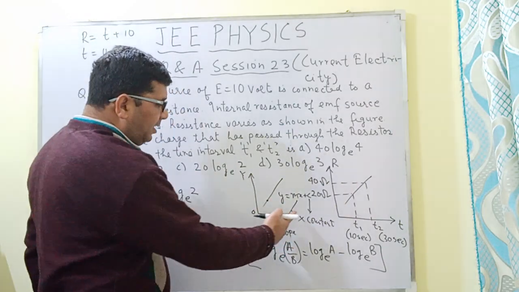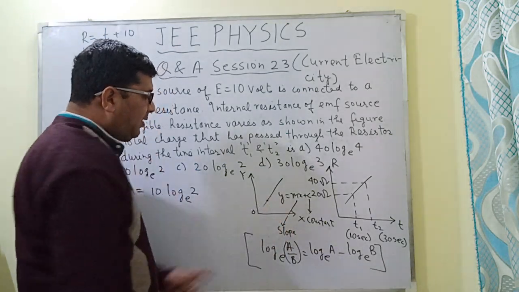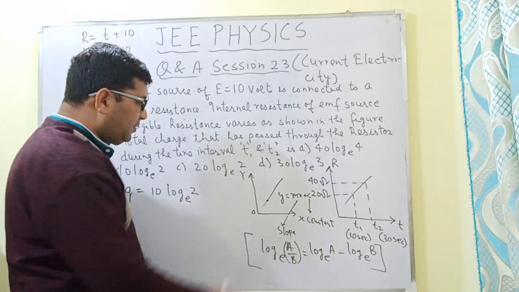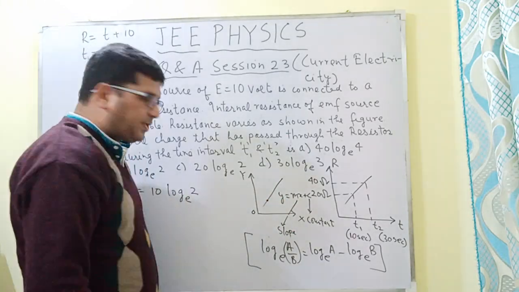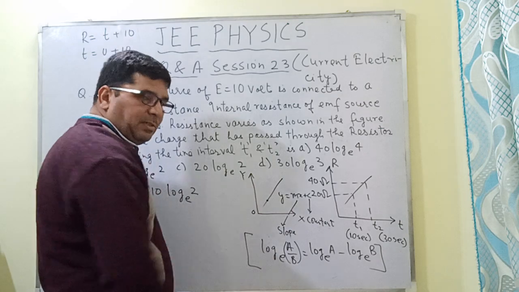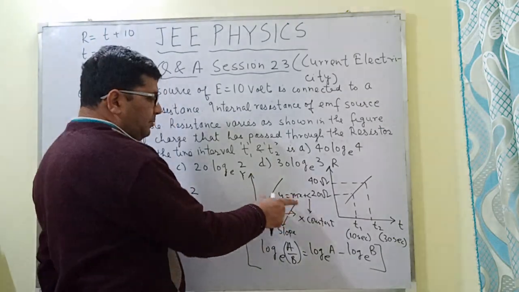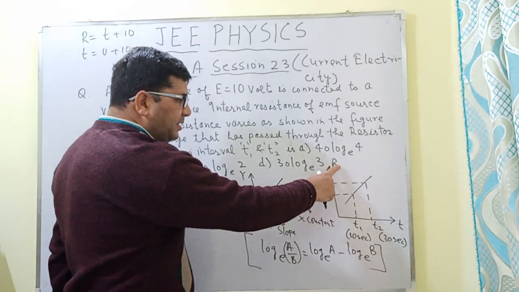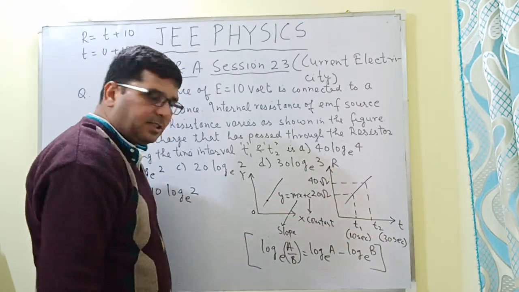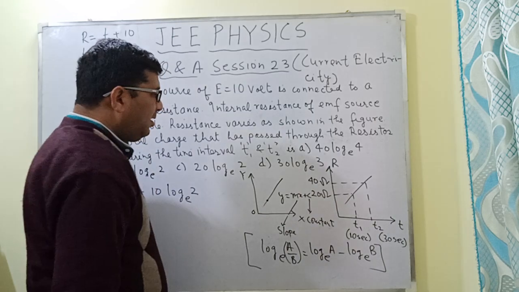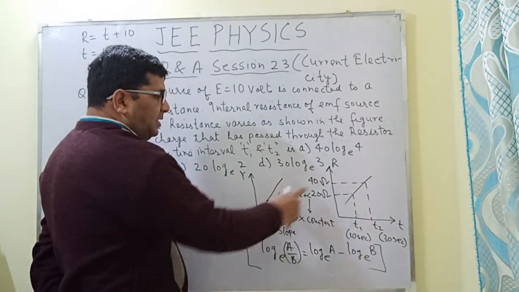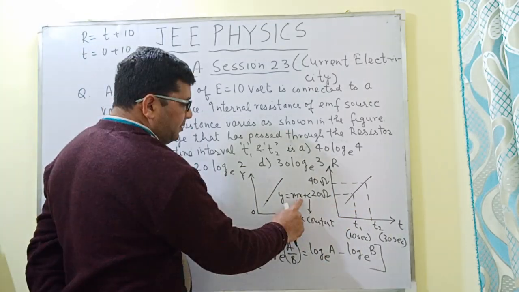In coordinate geometry, the equation of a line is given by y is equal to mx plus c, the equation of a straight line lying in the xy plane. So using this reference, I was able to derive the relationship between R and T, where R is the resistance. What I did was that I substituted y with R and x with T.